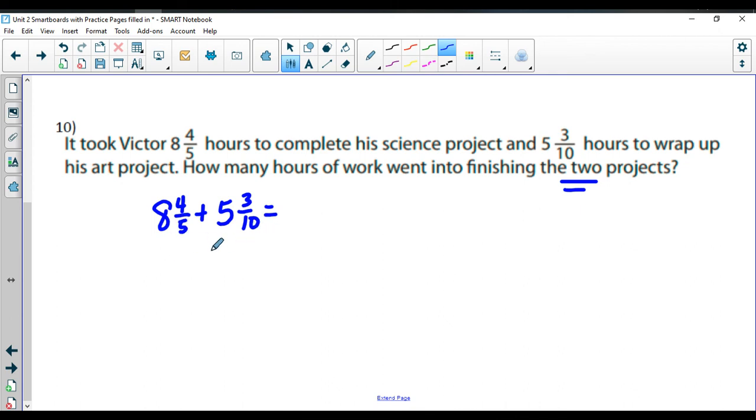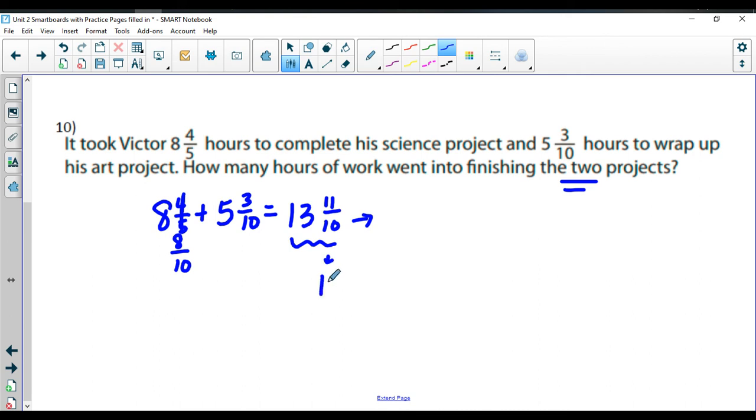We need a common denominator here, and it looks like if we just swap this one over to tenths, we'll be good. So 8 plus 5 is going to give me 13. 8/10 plus 3/10 is 11/10. And I'm going to have you go ahead and rewrite this for our final answer. What would our final answer be? And go ahead and give me a quick label on that one.